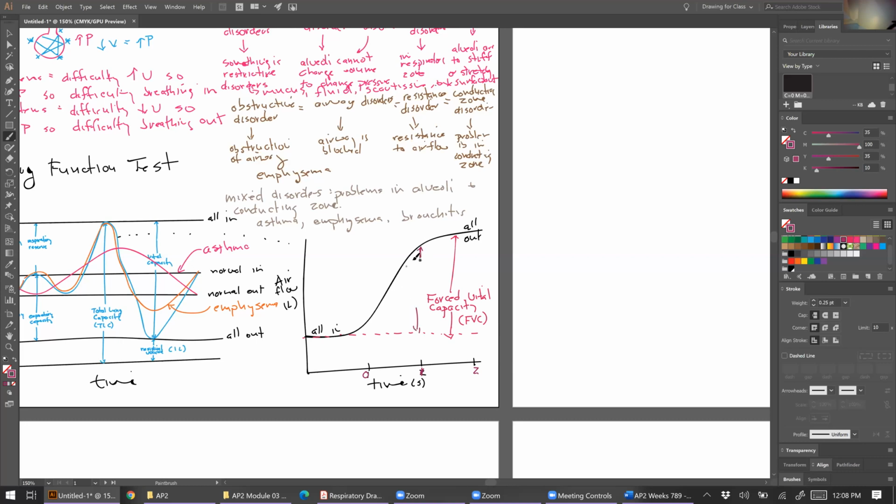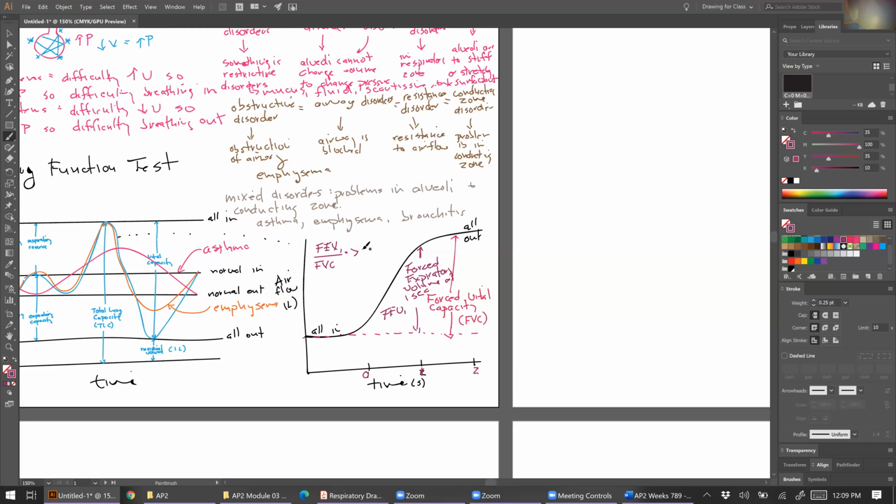So this is going to be called a forced expiratory volume at 1 second. So this is going to be called an FEV1. So this is going to be FEV1 over FVC.